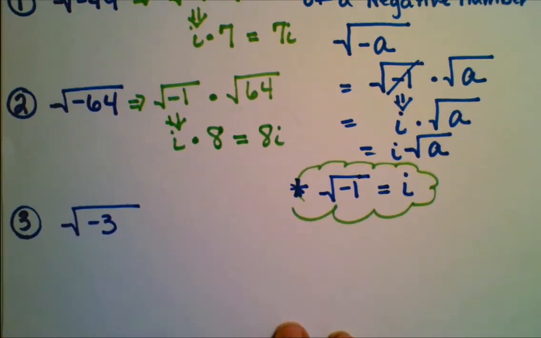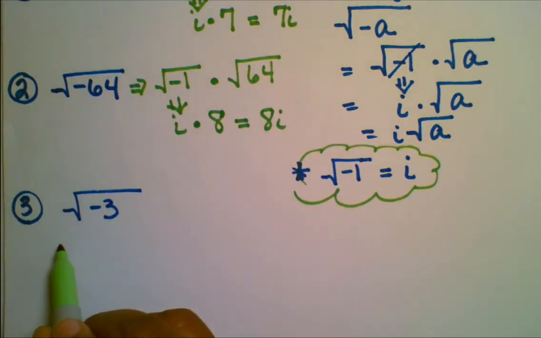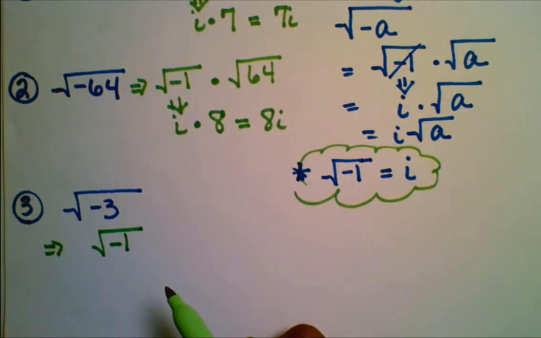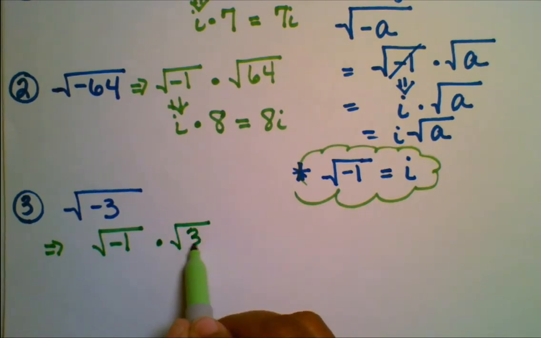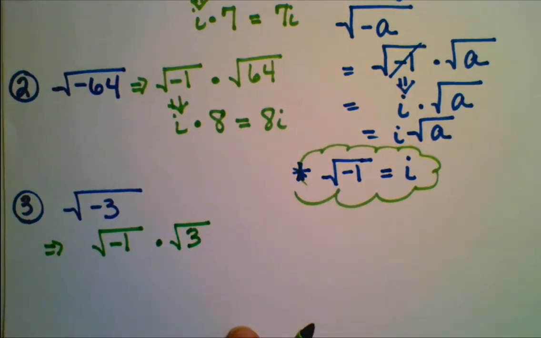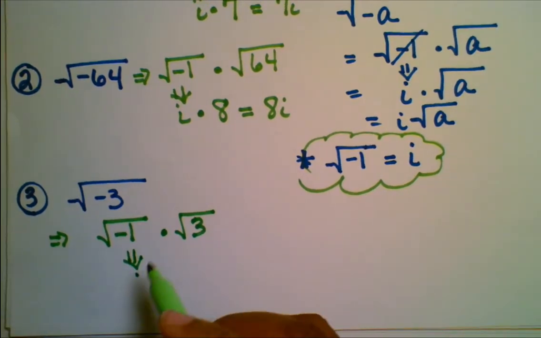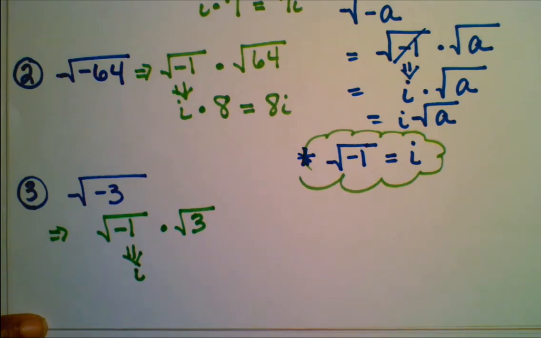Next example, the square root of negative 3. Let's write this as two separate radicals, taking out the negative 1 factor first. So the square root of negative 1 times the square root of 3. The square root of negative 1 is i, our imaginary unit.